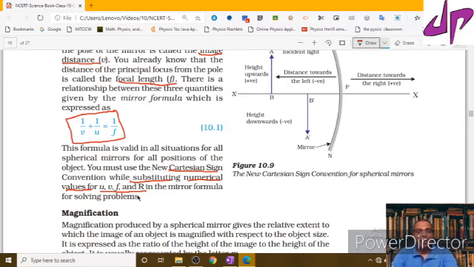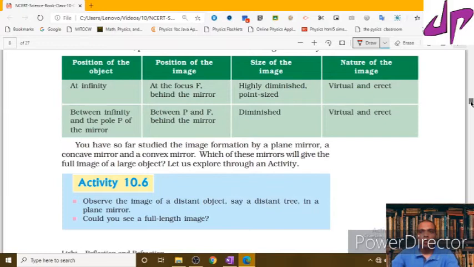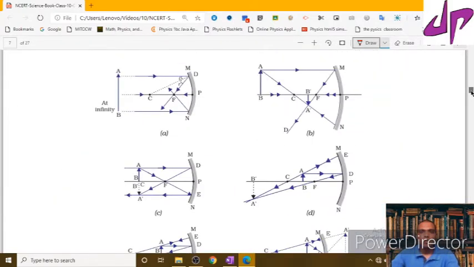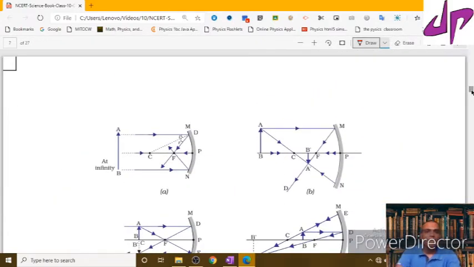So while taking object distance, image distance, focal length and r, the radius of curvature of the mirror, we need to apply the Cartesian sign convention. We learned this Cartesian sign convention in the earlier classes. But for a small recap, here is the setup for a concave mirror.